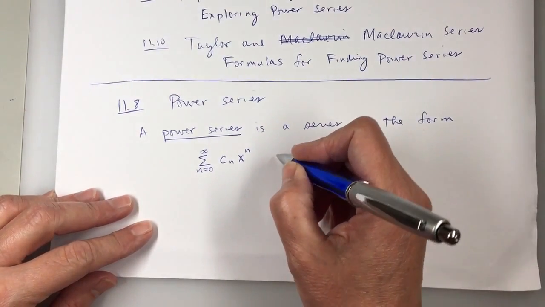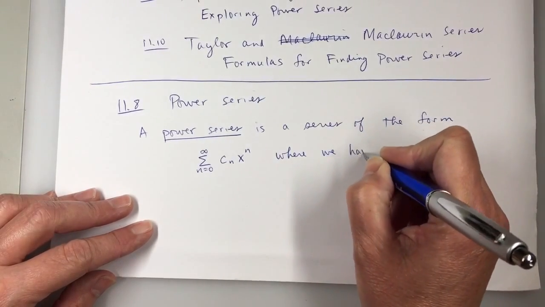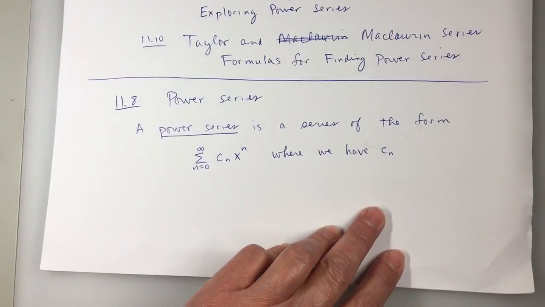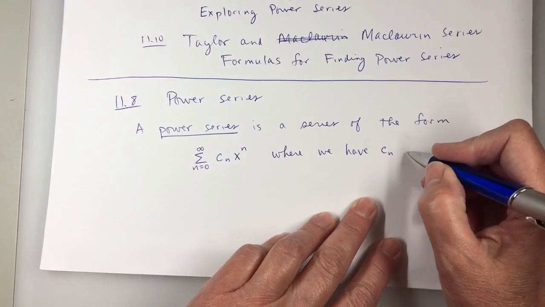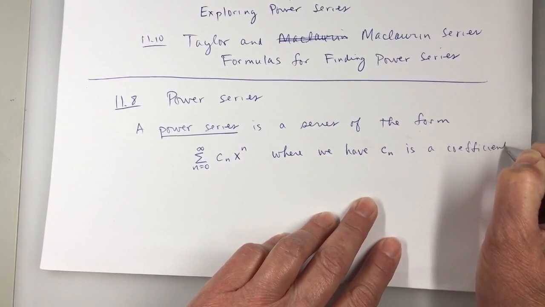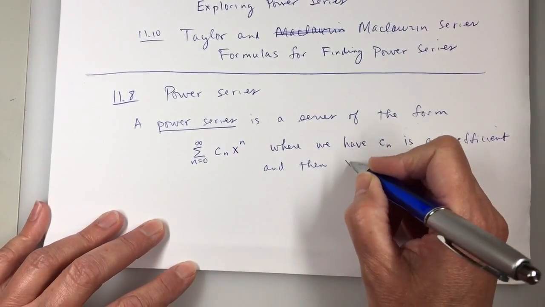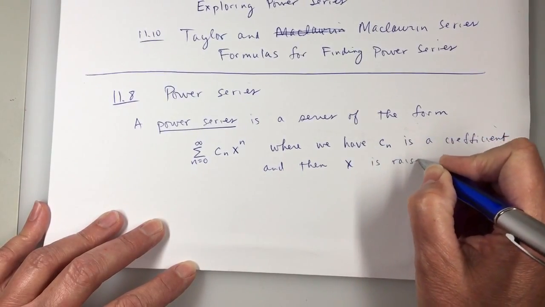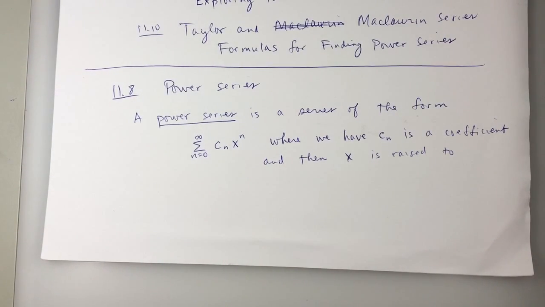So I'm going to write that where we have c sub n is a coefficient, there's an infinite number of them, and then x is raised to integer powers.